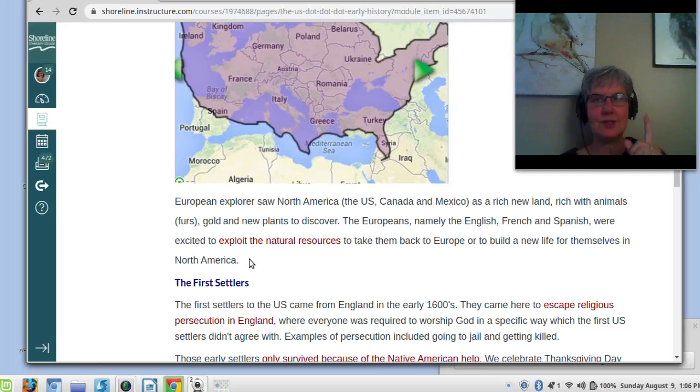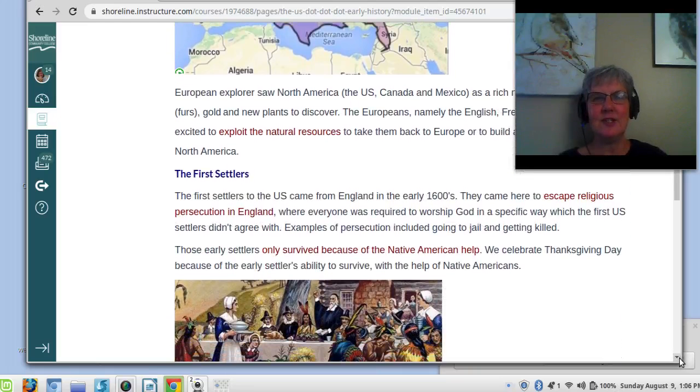The first settlers. Now, the settlers were the first Europeans who came to the United States, or Canada, or Mexico to live. The first settlers to the United States came from England in the early 1600s.